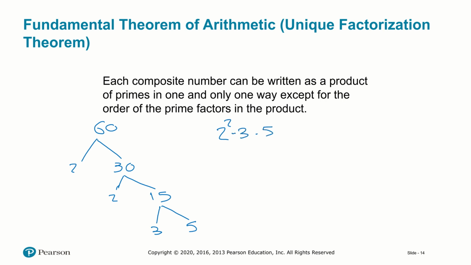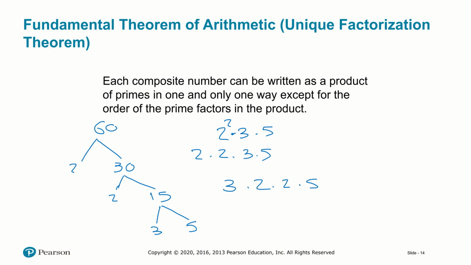So now, what we're saying here is that this factorization, which is, by the way, a prime factorization, because, except that this is written as a power, if I were to write it out separately, it would be 2 times 2 times 3 times 5, right? So, in fact, every number in this factorization is prime. So, the only way you can make this any different is by changing the order.